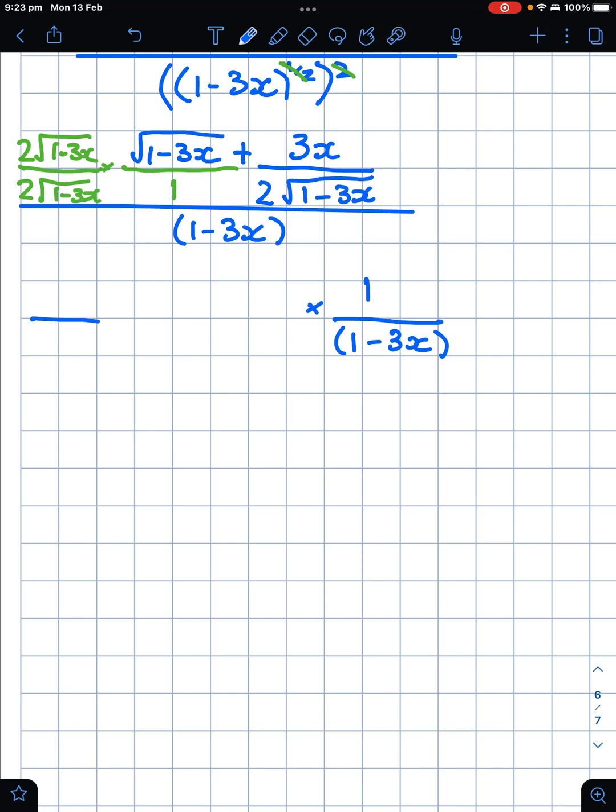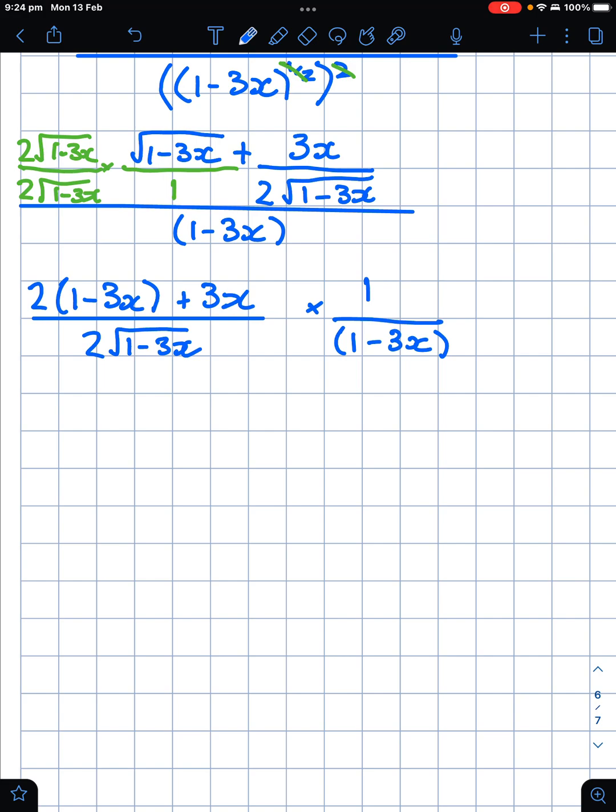Now we've got this common denominator here, so we've now got a denominator of 2 square root 1 minus 3x. And on the top here we've got 2 times (1 minus 3x), because the two square roots multiplied together cancel out, and then we've got plus 3x.